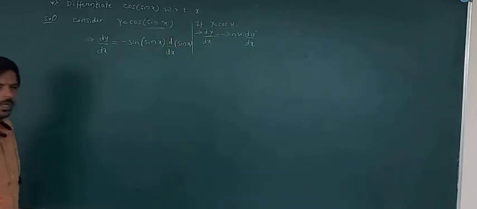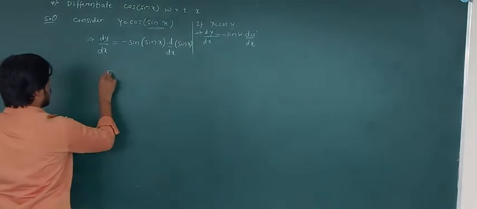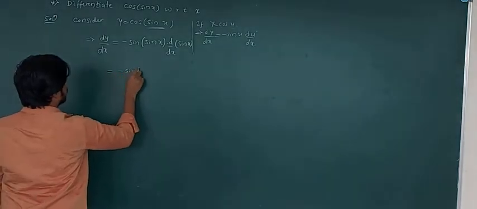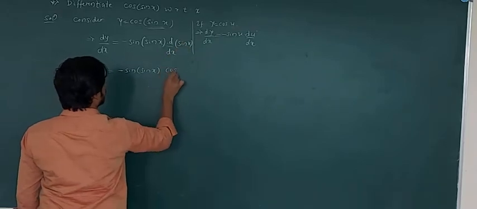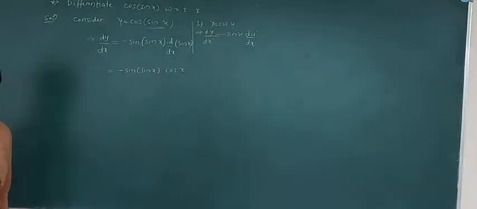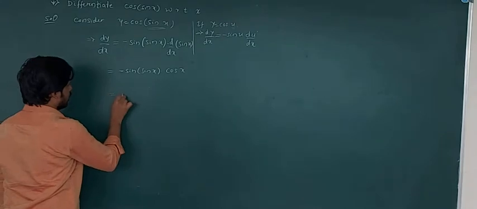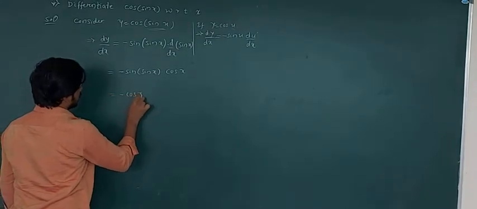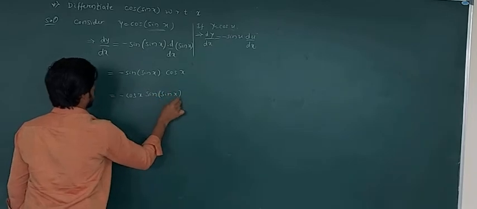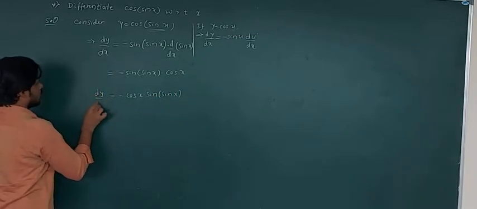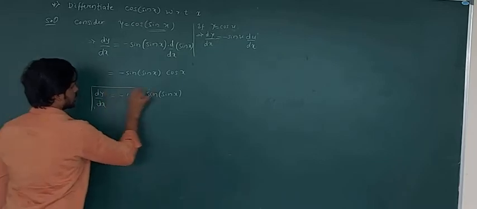So this implies minus sin of sin x into differentiation of sin x, which we know is cos x. So therefore the solution is minus cos x into sin of sin x. Okay, this is dy by dx.